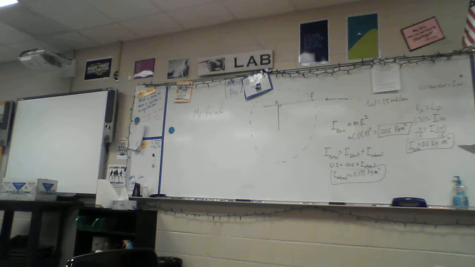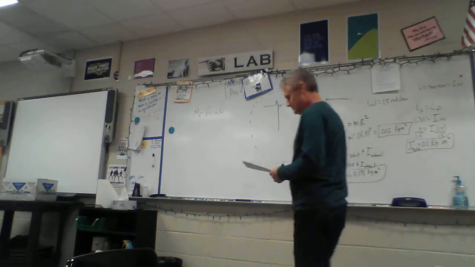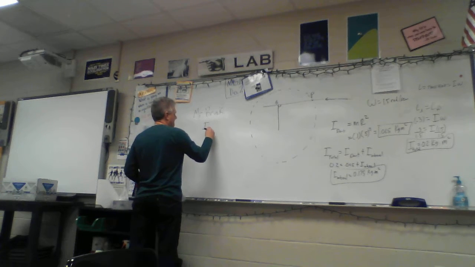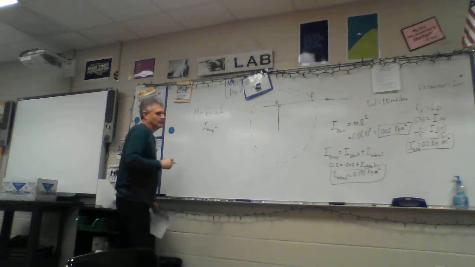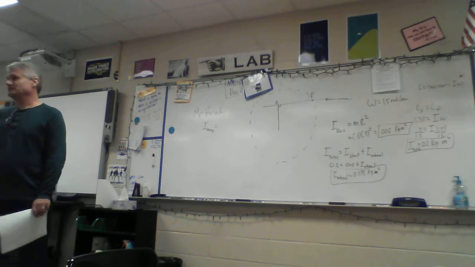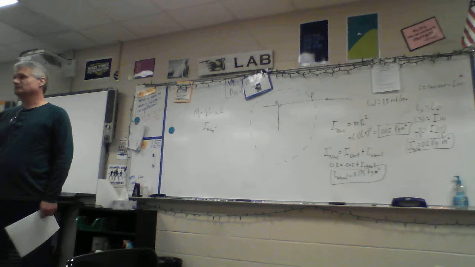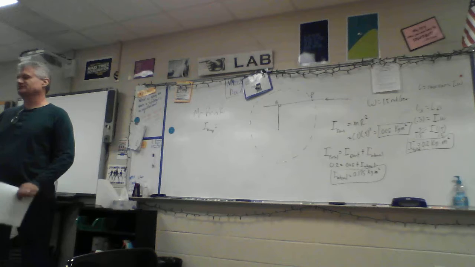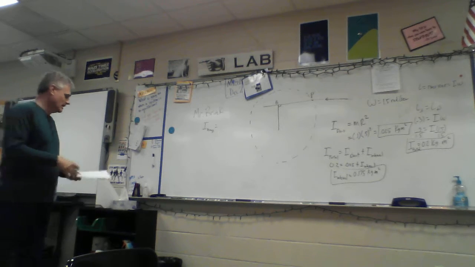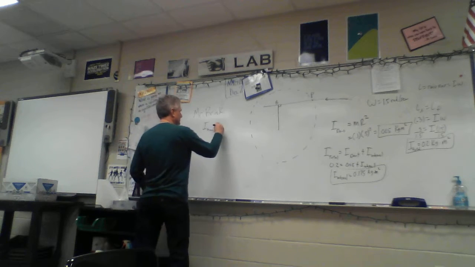All right, D: can the wheel be treated as a hoop or a ring of mass? Then you need to know the I of a hoop. Sometimes on the AP exam they will give you I, and sometimes they won't. So you need to know I for a hoop, a disc, and a sphere, which would probably be the three that I recommend you memorize. I for a hoop is just mr squared.